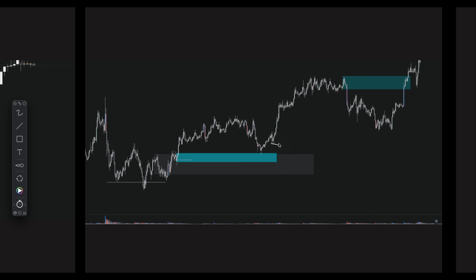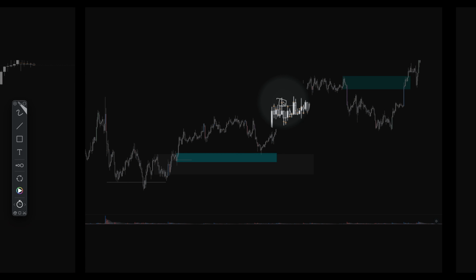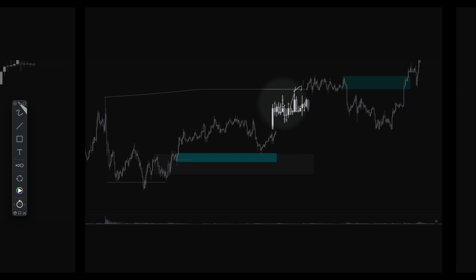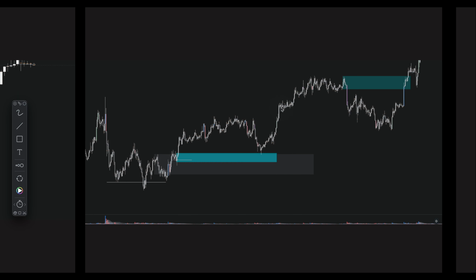It doesn't make much sense, if your target is here and your stop loss is still here, and you see these rejections from the top, I would probably close the trade after this candle, because then you're risking the market going all the way down here only to capture this last leg up. So closing here is fine.